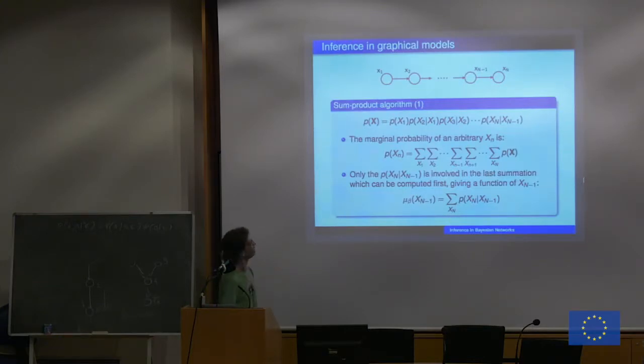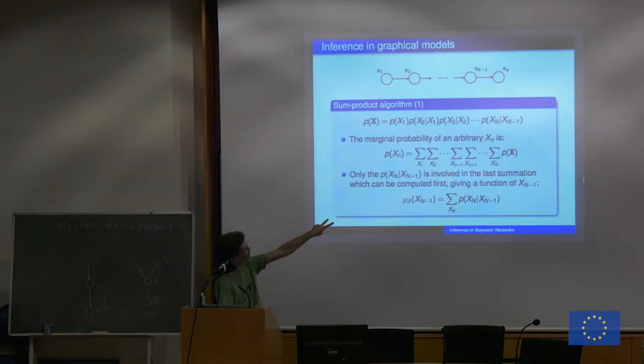You have, say, binary variables. You have capital N minus 1 of these. How many summations do you have to do? You have to consider 2 to the N minus 1 possible configurations, right? And you die.